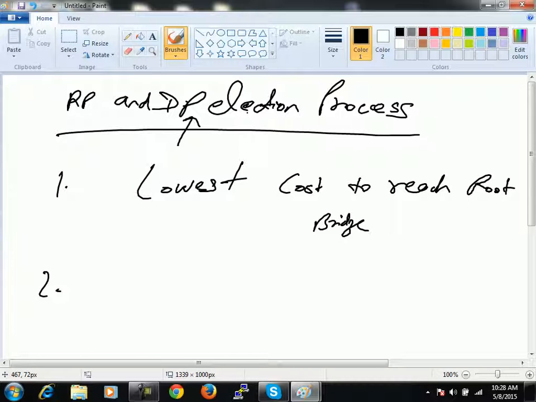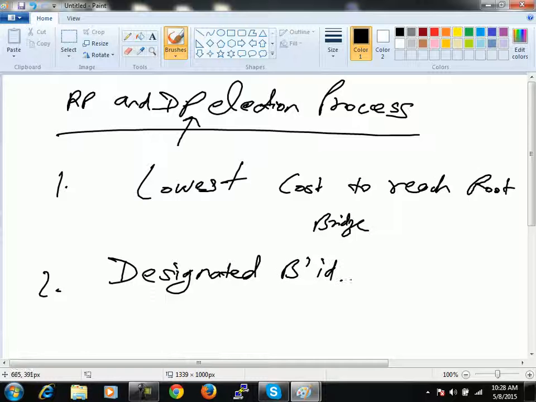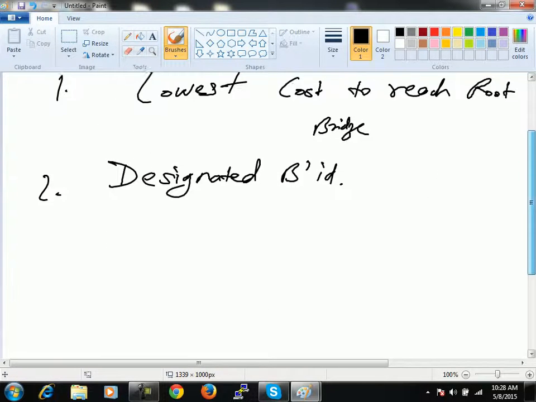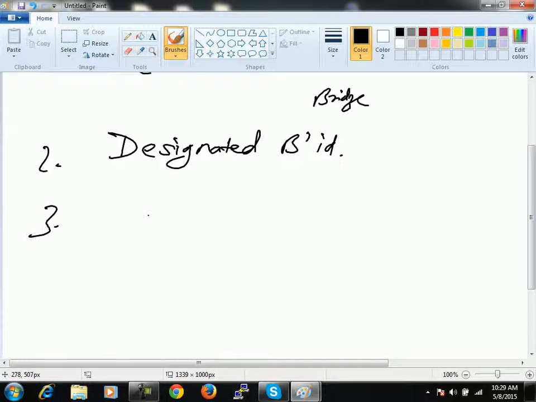Second, if the cost is equal, then they will compare their designated bridge ID. If that is also the same, then finally the tiebreaker will be the designated port ID.